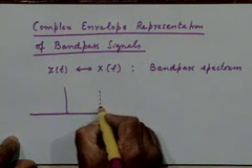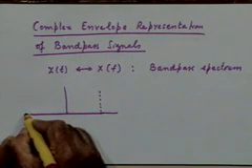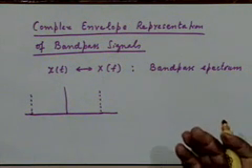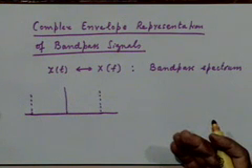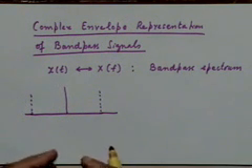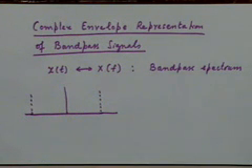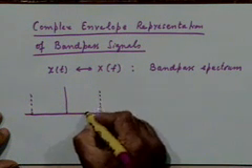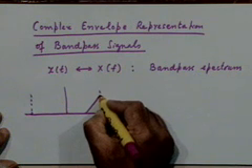Bandpass spectrum, you understand what it means when I say bandpass spectrum? That means most of the energy of the signal will be contained around some non-zero center frequency, not around DC but around some finite non-zero center frequency, right. So there is a band of frequencies around which the signal contains most of its energy.